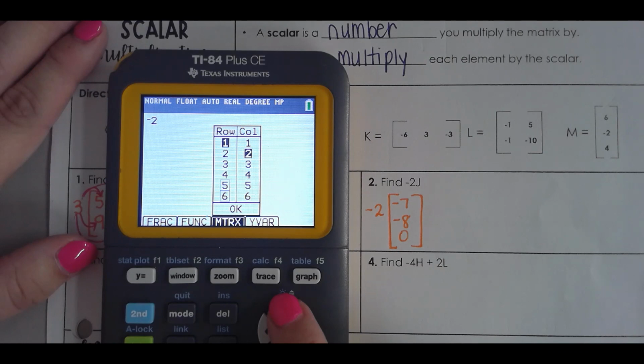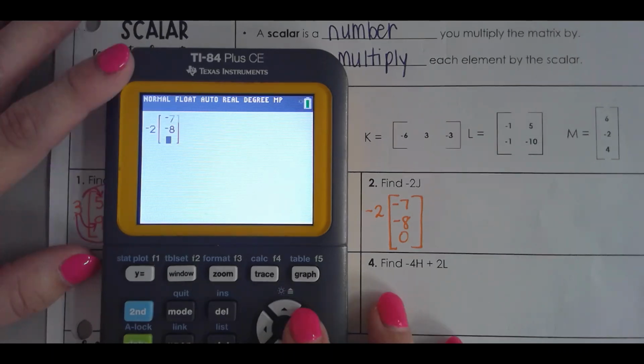Now I've got to go up, change that to a 3, change that to a 1, and go down to the OK. Change the dimensions in your matrix.